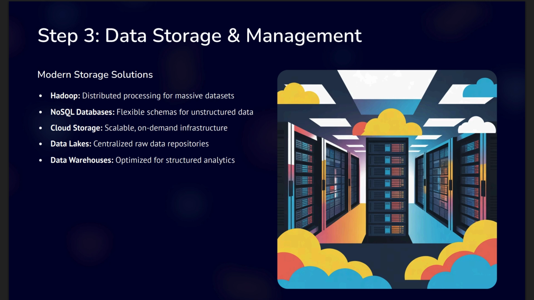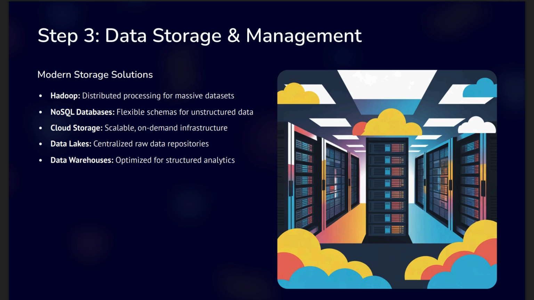Once we have the data, we must decide where and how to store it. Because of its huge volume, storing big data is not as simple as saving it in an Excel file. Some modern storage technologies include Hadoop. It's an open source framework that allows distributed processing across multiple computers. NoSQL databases like MongoDB, these handle unstructured or semi-structured data with flexible schemas.